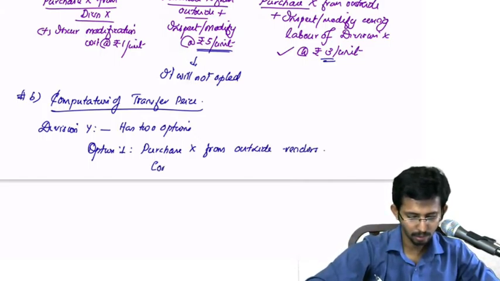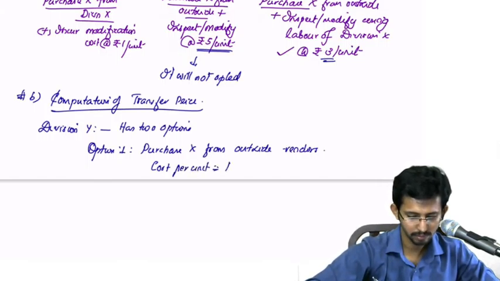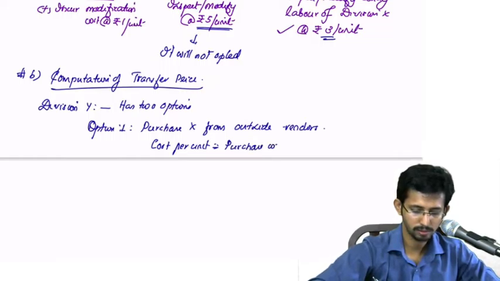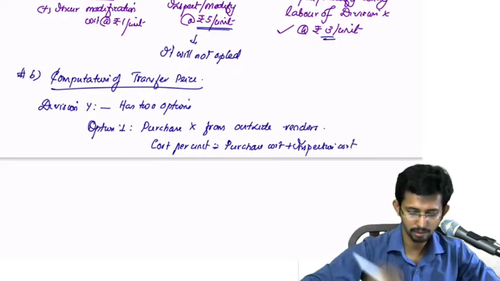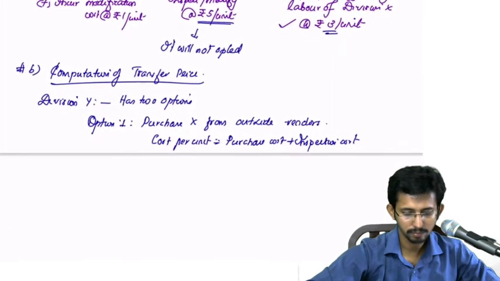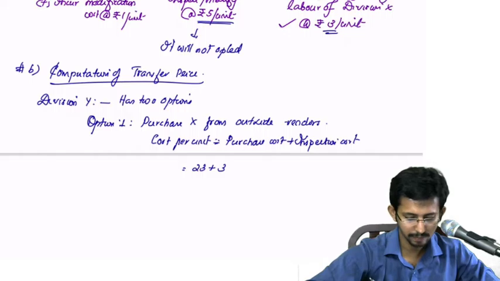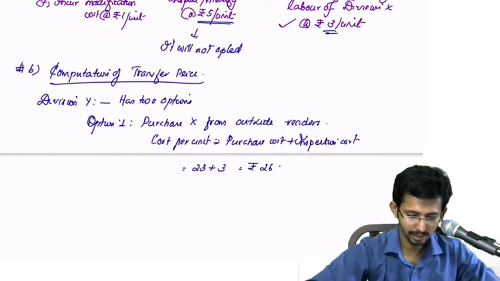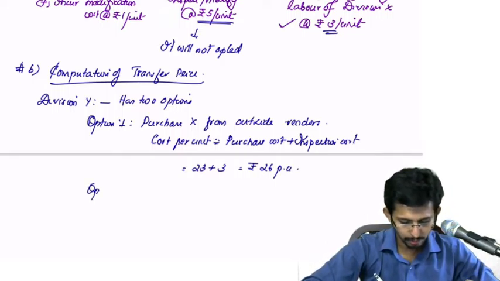Cost per unit is equal to purchase cost plus inspection cost, that is rupees 23 plus 3, which is equal to rupees 26 per unit.